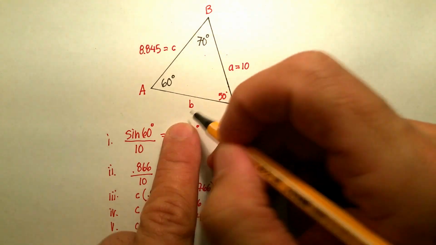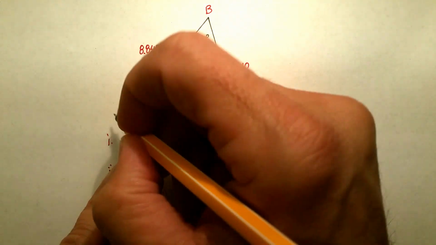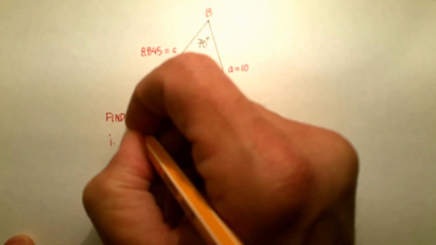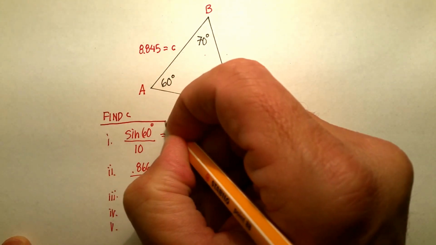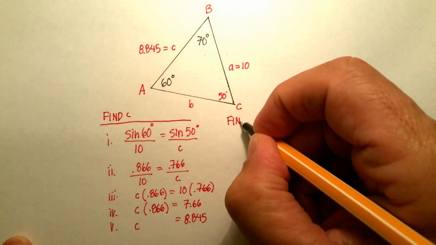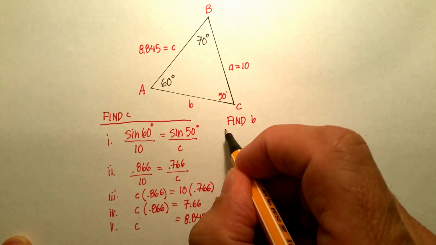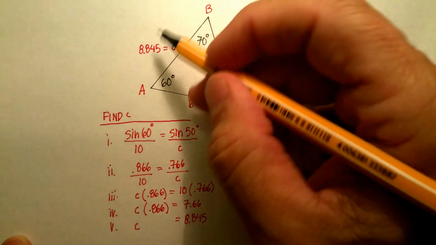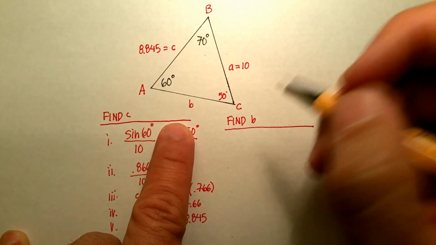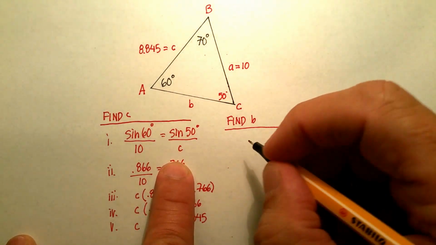Okay, now let's just go ahead and do the same thing with finding B. So here we were finding C. And here we're going to find B. Remember, solving for a triangle means you're solving for all the angles and all the sides. So let's find B. Again, we can use whatever ratio we want to do.